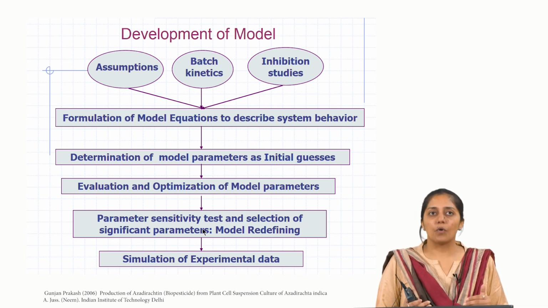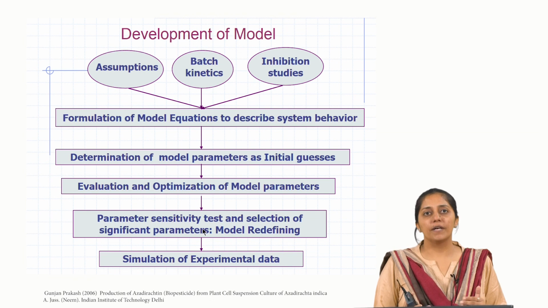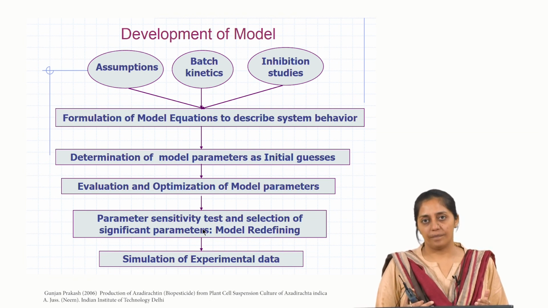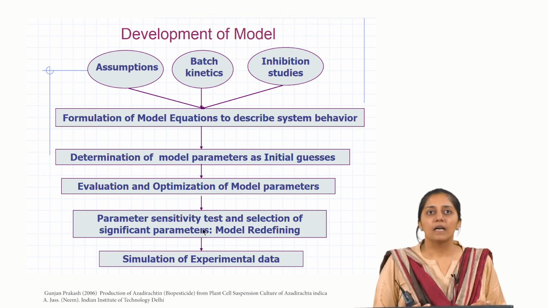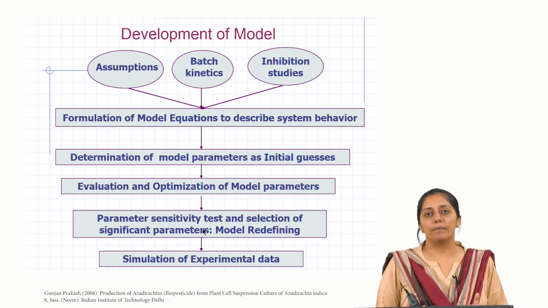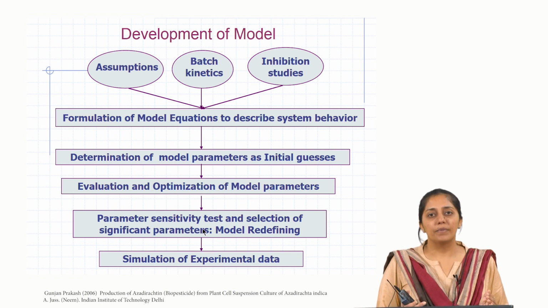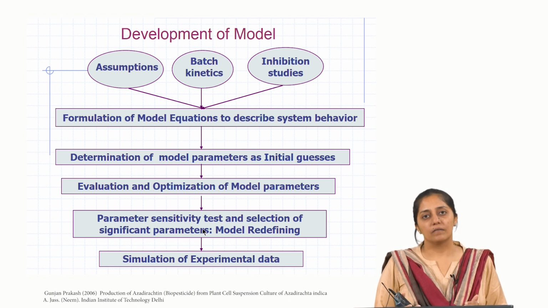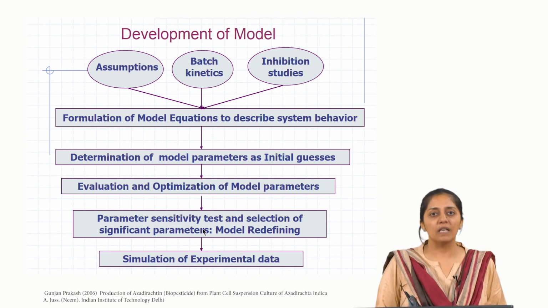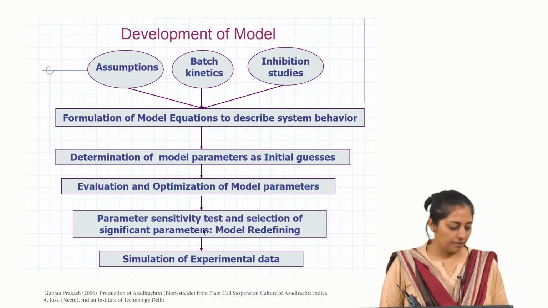Then further these model parameters were evaluated using an iterative process, and parameter sensitivity analysis was done to select the significant parameters, thereby redefining the model. And finally, the redefined model was simulated to predict the nutrient concentrations or the feeding strategies in a fed batch cultivation and also in a continuous cultivation.